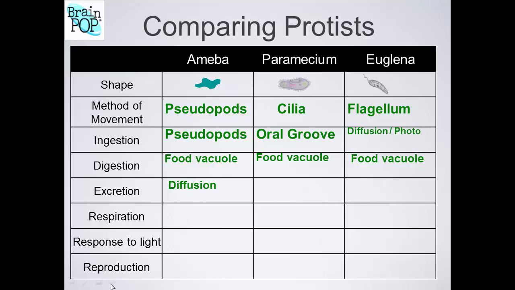Because it has just a cell membrane, excess carbon dioxide or other waste can just diffuse out of it. But not in the paramecium, because they have that pellicle surrounding them. So how does waste leave the paramecium? Lily? The anal pore, a special opening for waste to be removed. And with the euglena, they also have a pretty flexible membrane that waste products can just diffuse through.